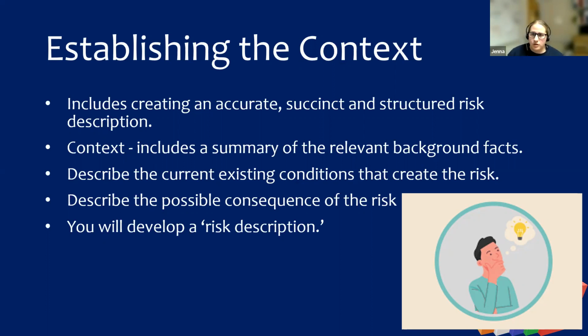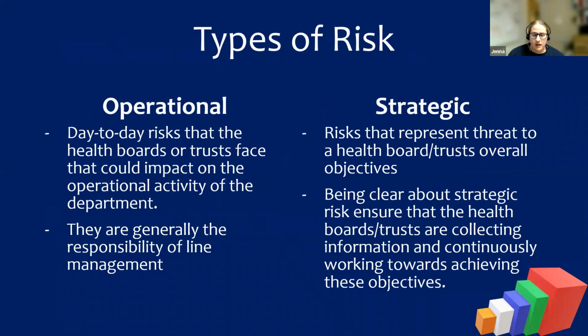So we're going to move on to thinking about the types of risks. And I briefly touched on, obviously, the terms operational, strategic. Now, I'll start with strategic because I'm not going to go too much into depth with that tonight. We're going to focus on operational because they're more of the things that you guys are going to see and deal with and manage.